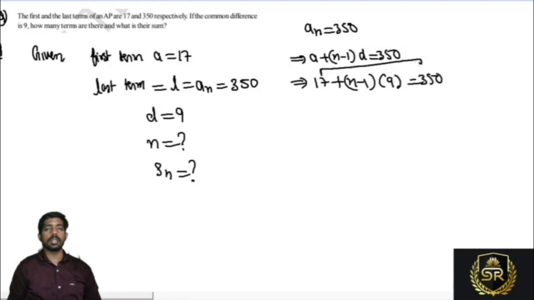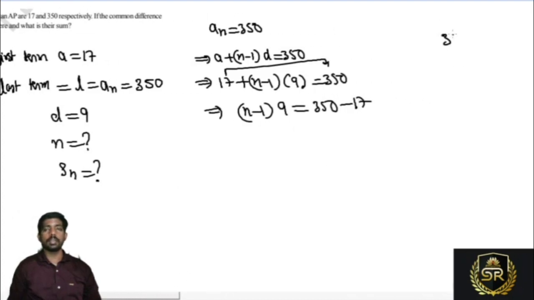Bring this 17 to the right hand side. So (n − 1) into 9 = 350 − 17. If I subtract 17 from 350, the result is 333.